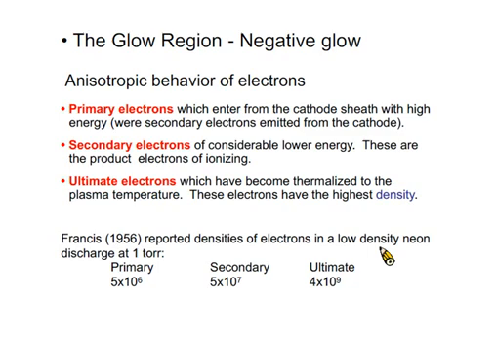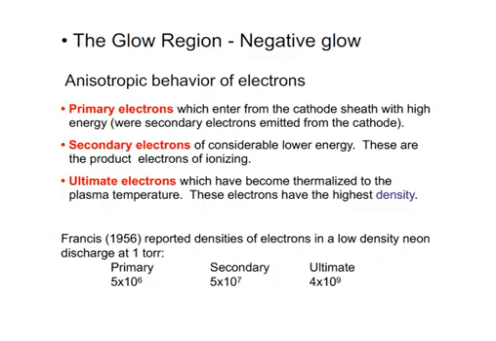But these secondary electrons come from the neutral gas atoms. Okay? So in the negative glow region, there are primary electrons and then low energy secondary electrons, which are knocked out from gas atoms.